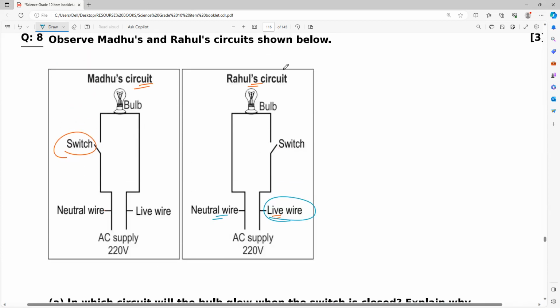What is the condition for the bulb to glow? The circuit must be closed. So wherever I place the switch, what's wrong with that? If I place it on the neutral wire or the live wire, if the circuit is closed, the bulb will glow. That's the reason I said, observe the figure very carefully.